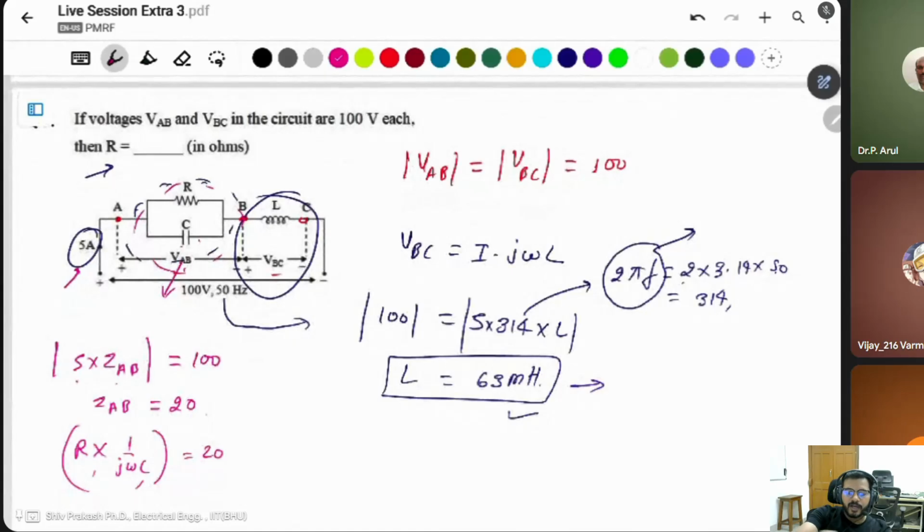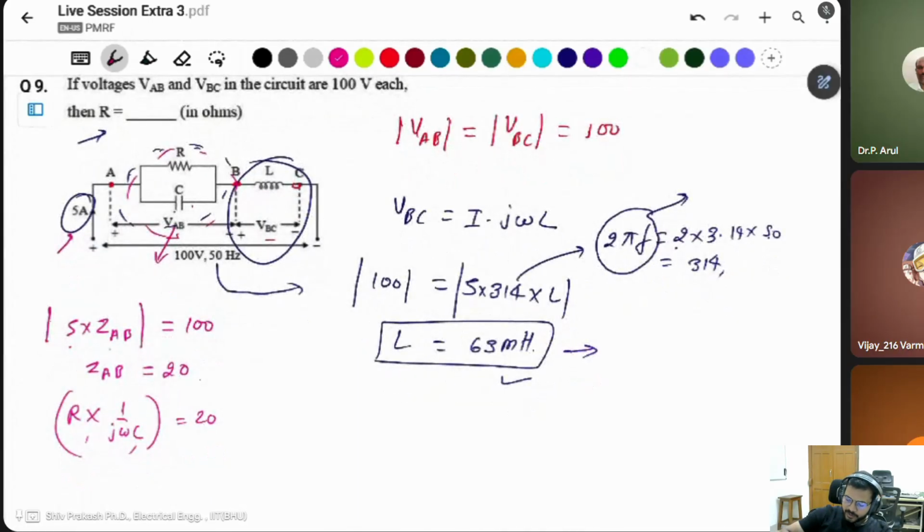Then you have to find another equation to get this value, R plus 1 by j omega C. So R into 1 by j omega C, divided by R plus 1 upon j omega C. This is equation number one.